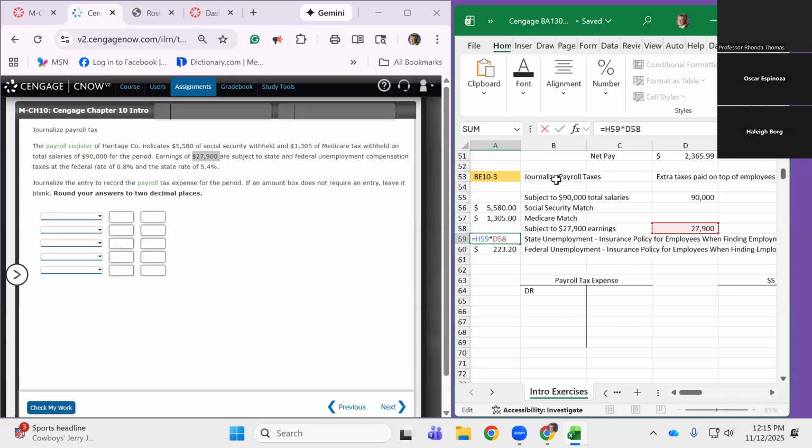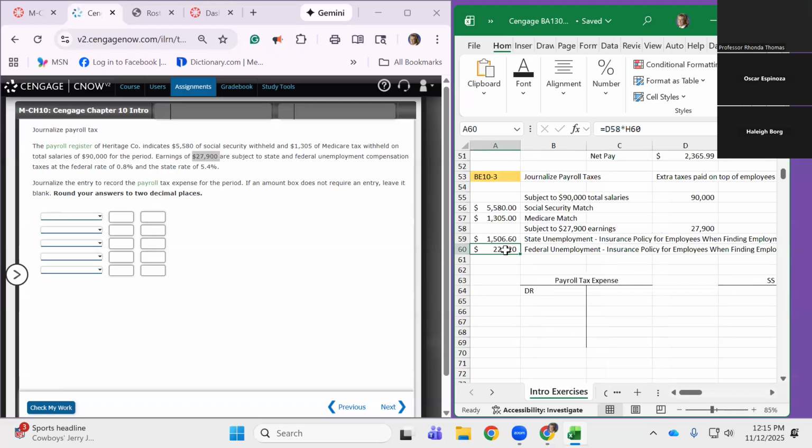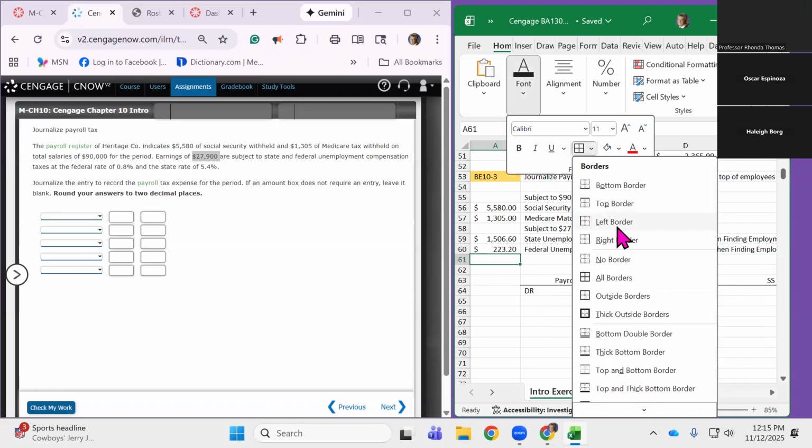So one more time, let me put this one in again. When you figure your state unemployment tax, you use the amount of the earnings that they're telling you, times this percentage here. So once again, this is an amount that the employers have to pay in on top of employee wages.